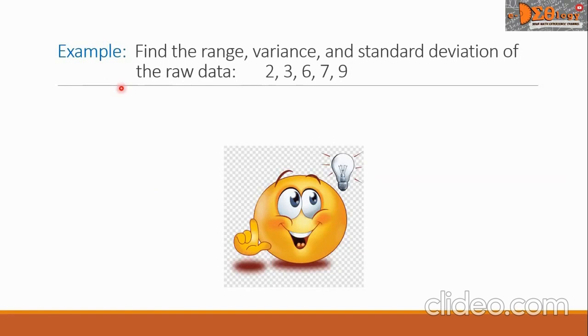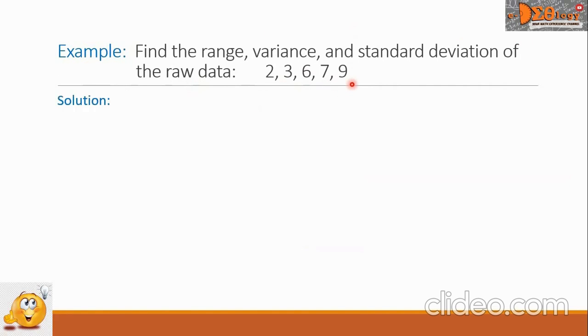Let us see this example. Find the range, variance, and standard deviation of the raw data 2, 3, 6, 7, and 9. For our solution, let us write this data in a column, and the heading is x.